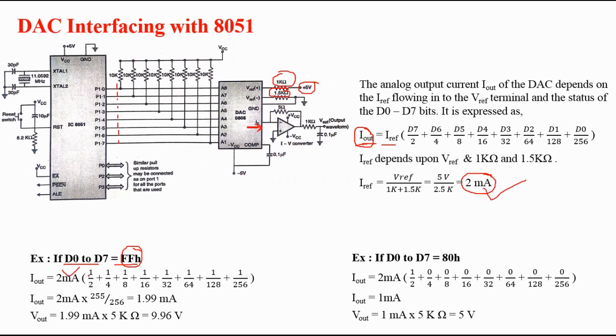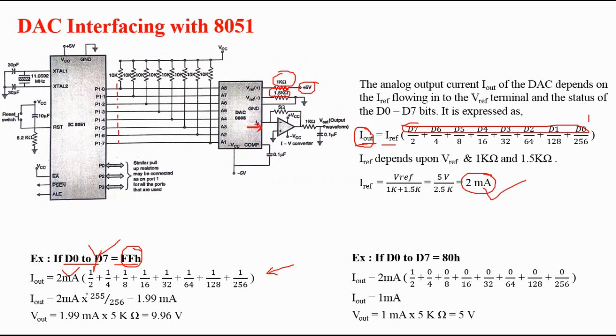So we have 2 milliampere into, as all of the bits are 1, the value of each and every bit will be 1. So 1 divided by 2, 1 divided by 4 plus 1 divided by 8 plus 1 divided by 16 plus, in this way, up to 1 divided by 256.